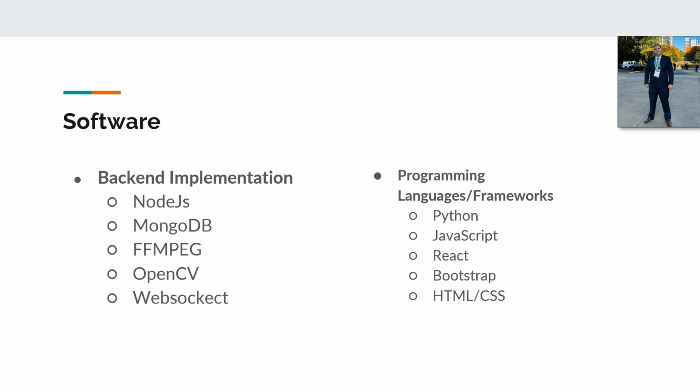In the back end, we have a Node.js server, and we're using MongoDB as our database to store all the independent sequences that we create for the watermarking. We also use FFmpeg, a library used with Python, to process the video, OpenCV, and we will implement a WebSocket server so we can stream the video from our application.